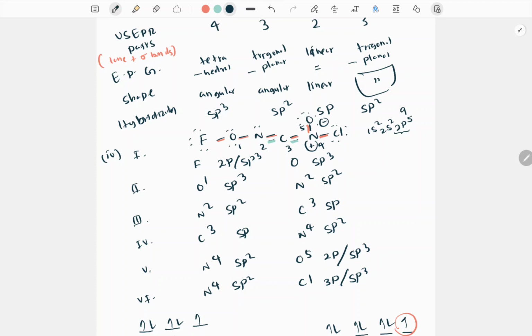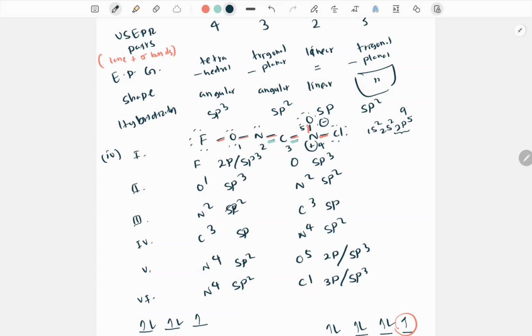Now you know these electrons that participate in forming a pi bond are not present in hybridized orbitals like in the sigma bond. We knew that this is N2.